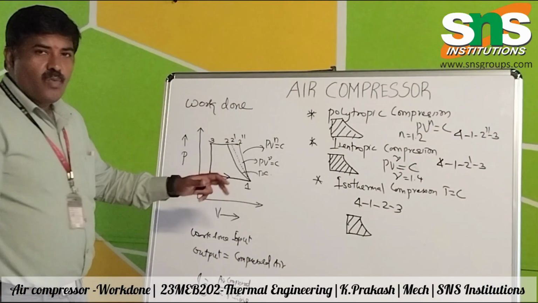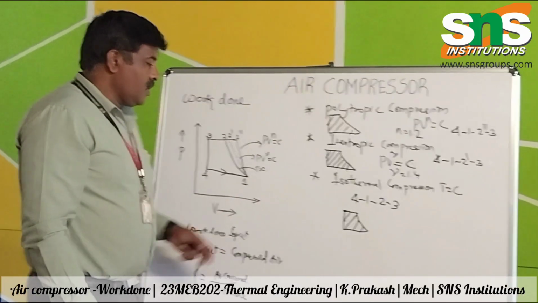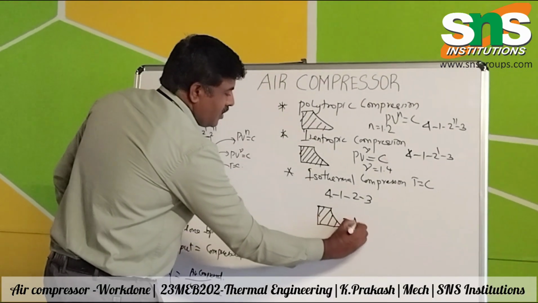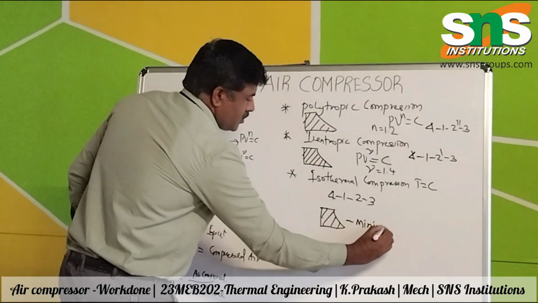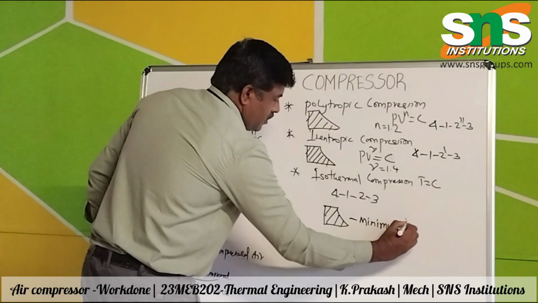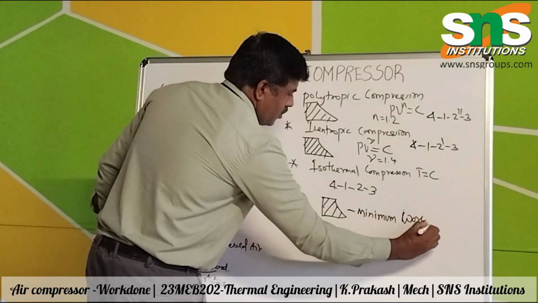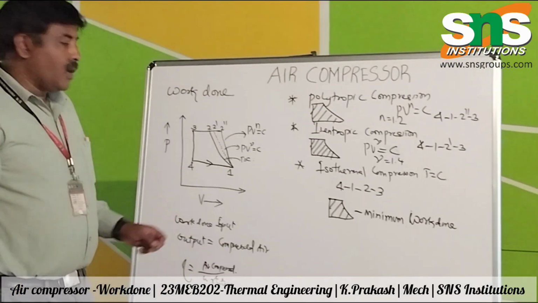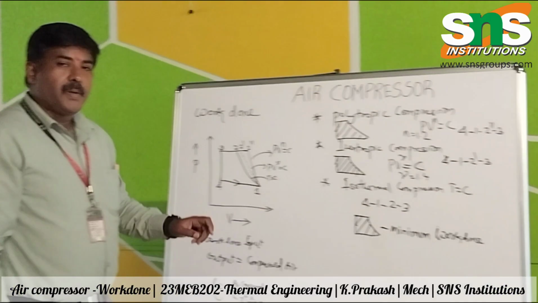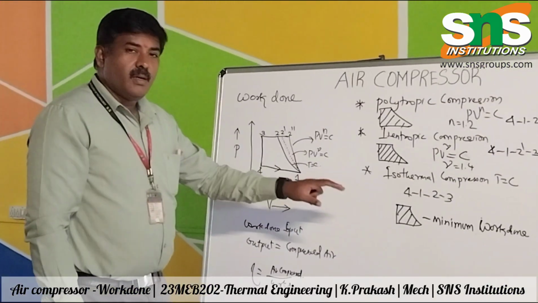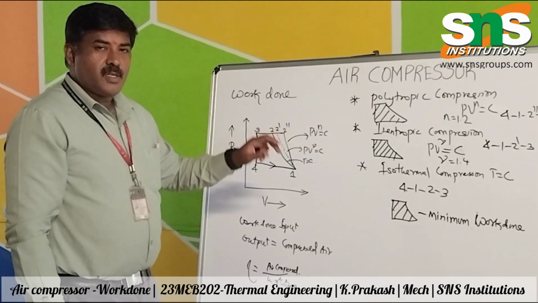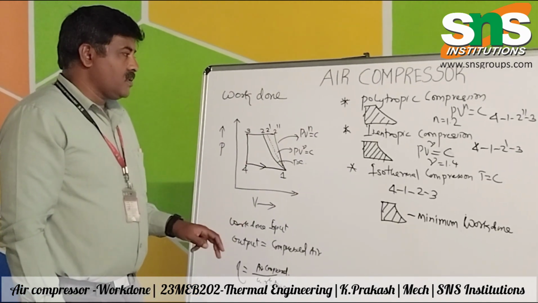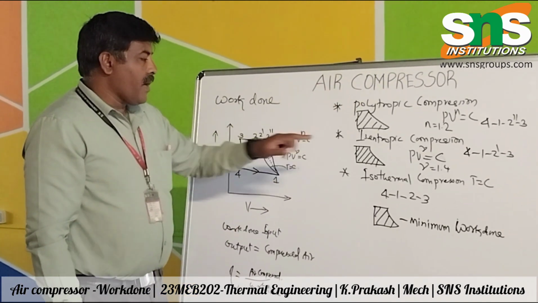So from this, the minimum work done is obtained in the isothermal compression. By calculating the area, we come to the conclusion that in isothermal compression, with the minimum work done, the same output pressure of air is obtained when compared to the polytropic and isentropic compression.